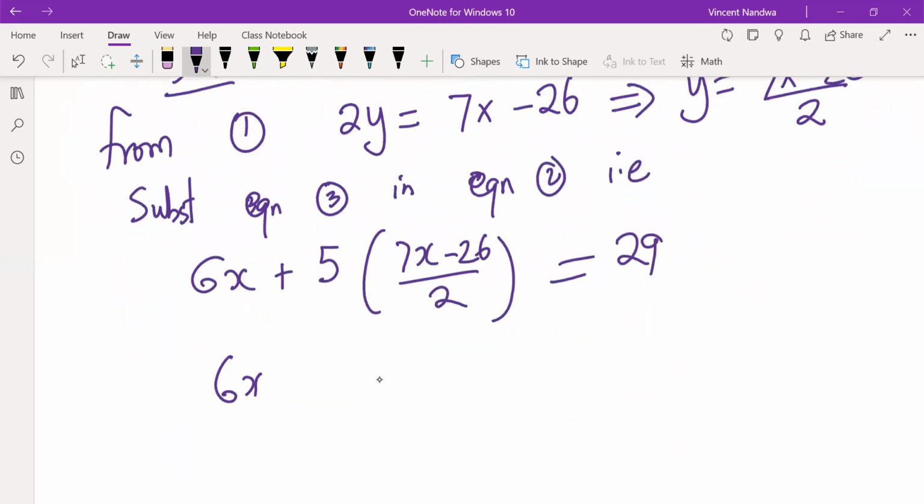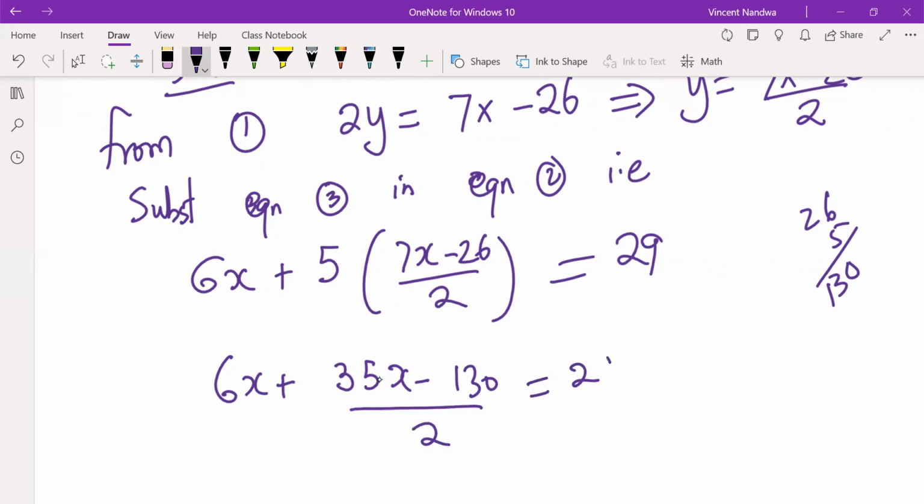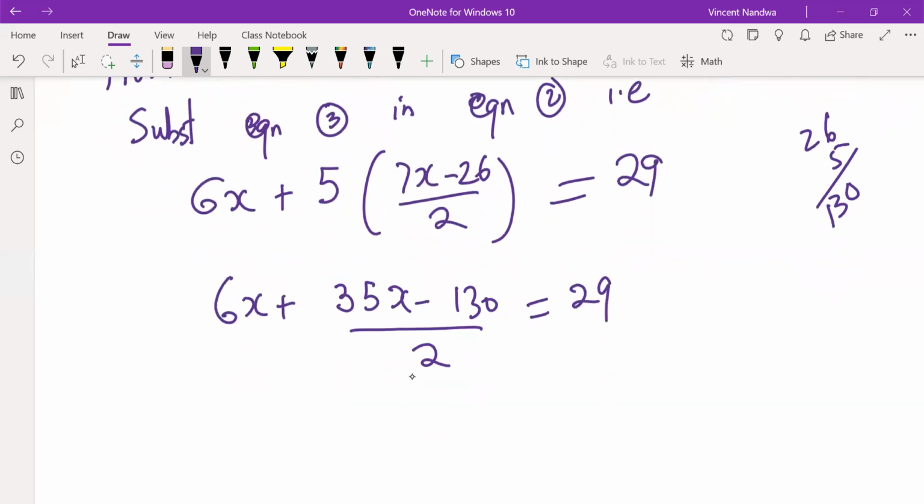So this will be 6x plus 5 times 7 is 35x, minus 5 times 26, which is 130, divided by 2 equals 29. Multiplying everything by 2, I'll have 12x plus 35x minus 130 equals 58.